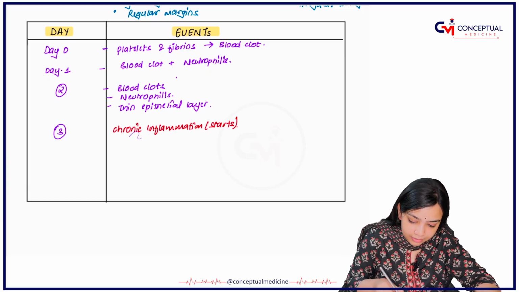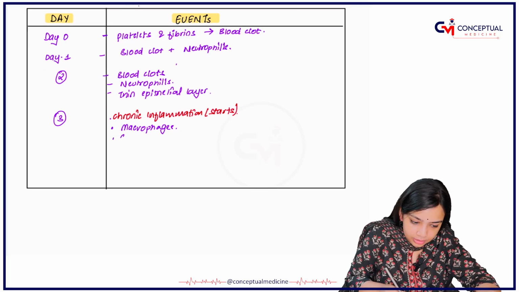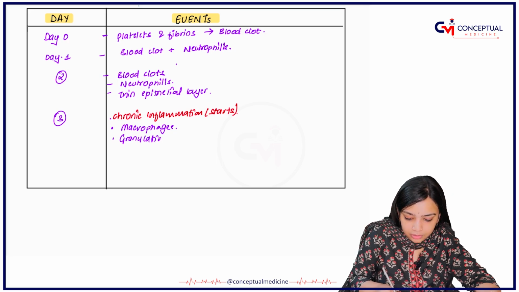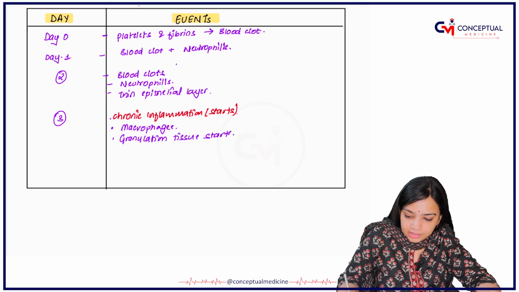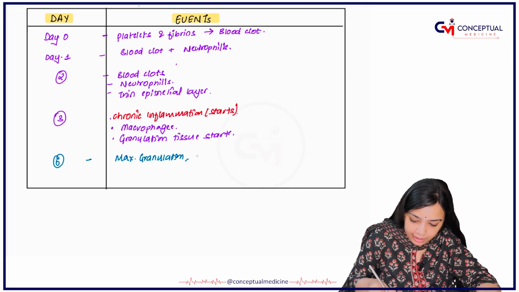Next, the macrophages also come into the picture, and granulation tissue formation starts. Now, on day 6, what you have? On day 6, you have the maximum granulation and the collagen bridging.